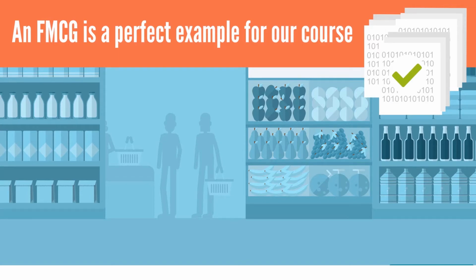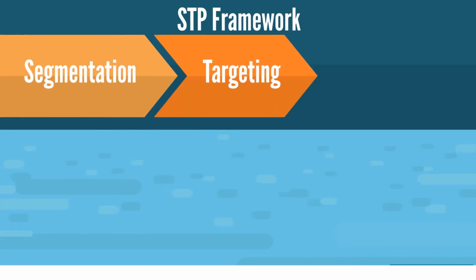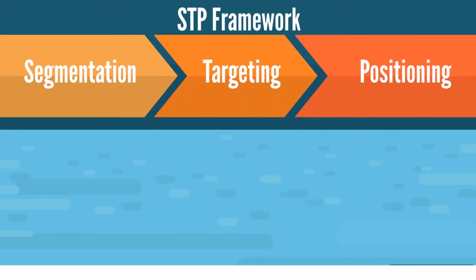Great! Now that we've clarified that, let's take a closer look at the STP framework. It lays out the classical process of exploring potential customers and understanding them. The STP framework consists of 3 consecutive steps. S for segmentation, T for targeting, and P for positioning.